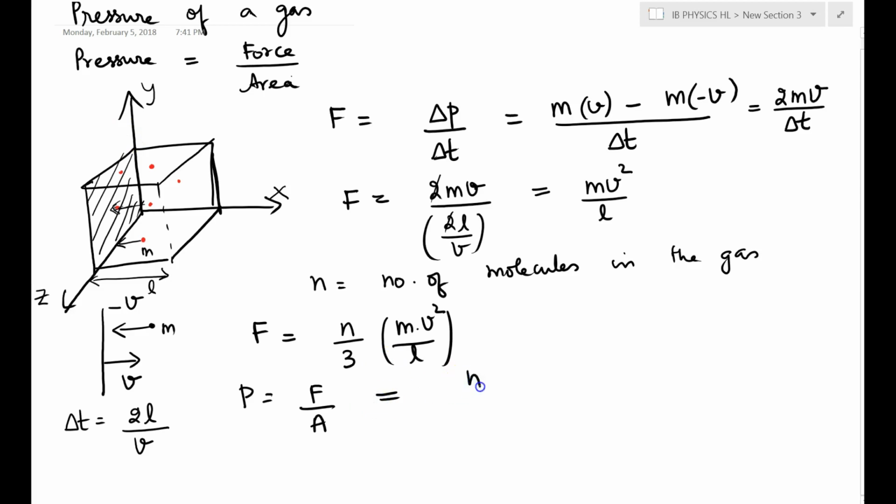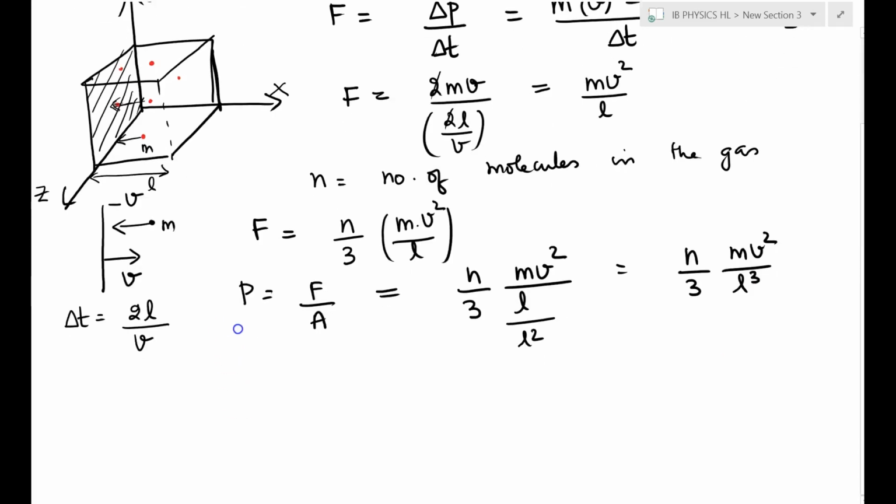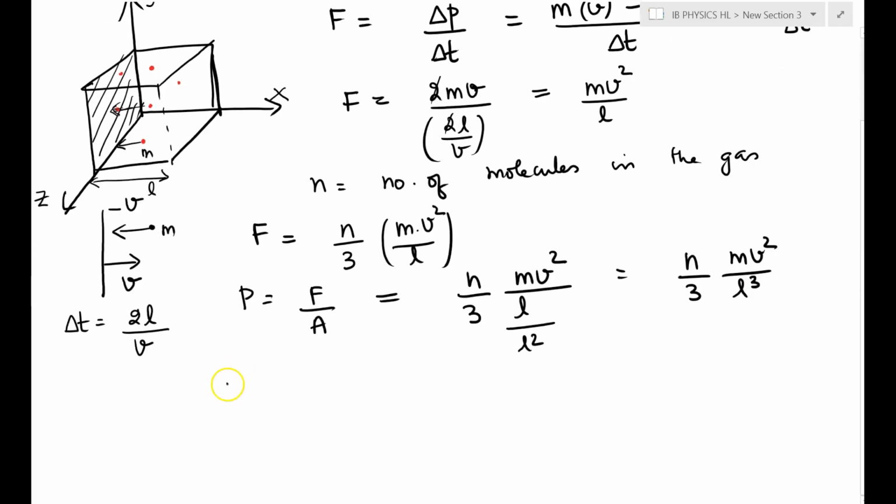So therefore it will be n divided by 3 times mv squared divided by L, and we are going to divide this by L squared, which means it's going to be n over 3 times mv squared by L cubed. So let's just simplify that expression. So we can write nmv squared over 3L cubed.